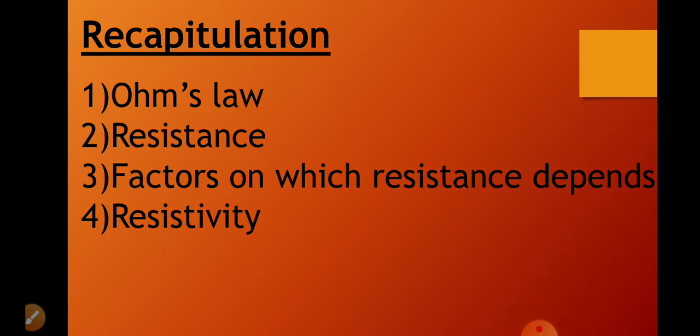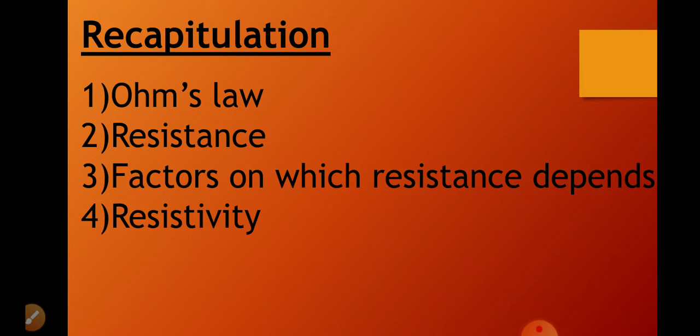So, in many practical cases, it is necessary to increase or decrease the current in an electric circuit. So, in this case, variable resistance or rheostat is used. So, what is variable resistance and what is rheostat? I think I had told you about variable resistance and rheostat symbols in part 3 of the electrical circuit class.